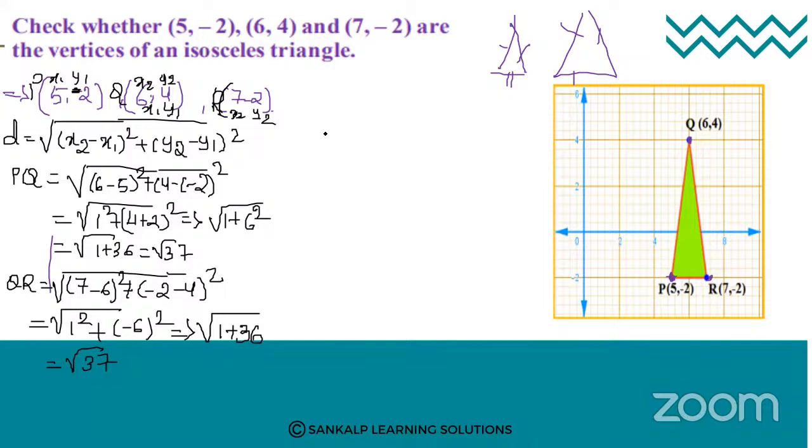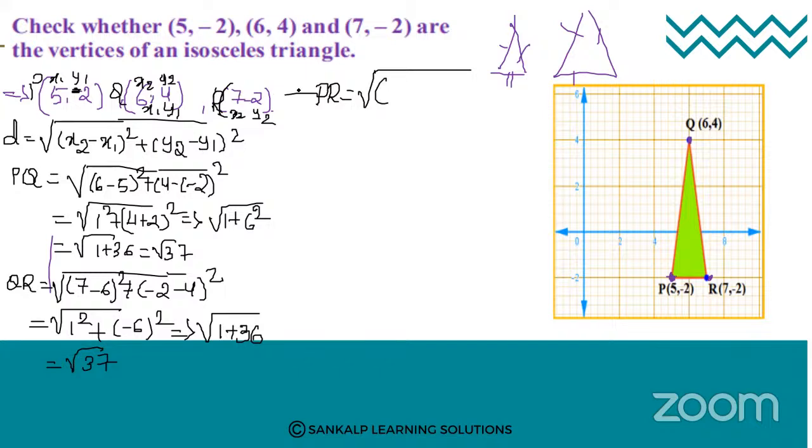Two sides are equal. Check the third side. So which is the third side here? PR. So P to R: this is x1, y1 and this is x2, y2.